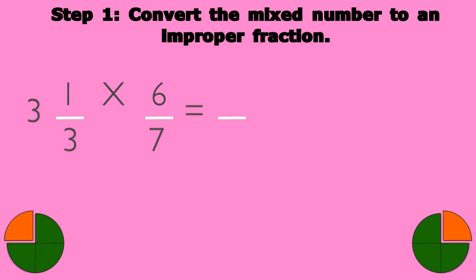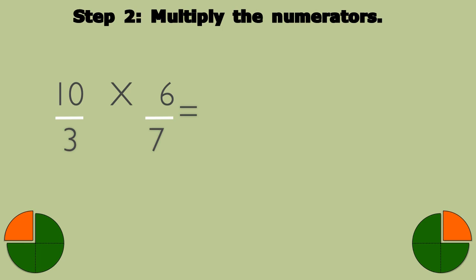That's correct. 10 thirds. 3 times 3 is 9, plus our numerator 1 gives us 10 as our new numerator, and our denominator stays the same. Awesome. We now move to step 2. So we take that 10 thirds now and multiply it by 6 sevenths. Let's get multiplying.